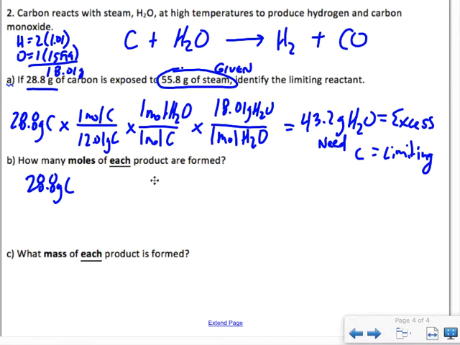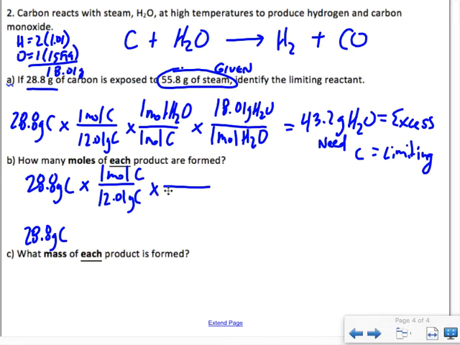I'm going to set up two stoichiometric equations, one that goes to hydrogen gas and the other that goes to carbon monoxide. To go from grams of carbon to moles of carbon, I divide by the molar mass of carbon. Then from moles of carbon, let's go to hydrogen gas first.